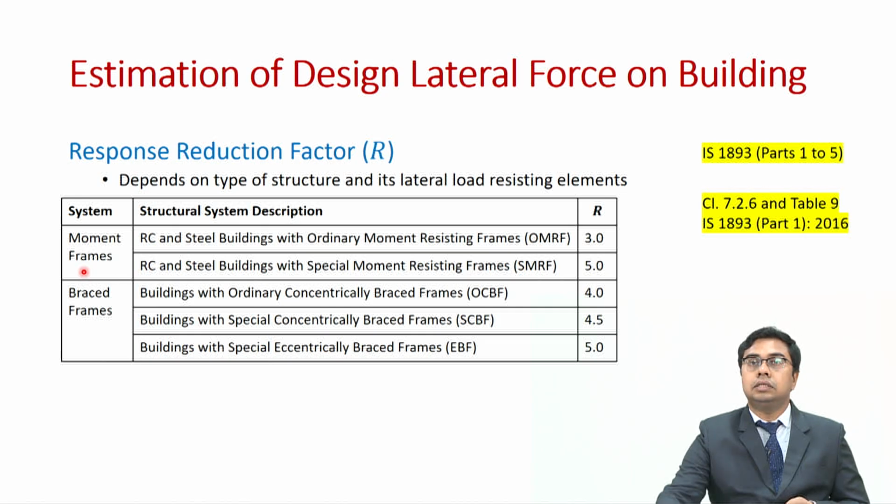So, in that case, if you have a reinforced concrete or steel building which has a moment resisting frame, it will have an R value of 3.0 or 5.0 depending on whether the moment frame is OMRF or SMRF. OMRF is an ordinary moment resisting frame and SMRF is a special moment resisting frame.